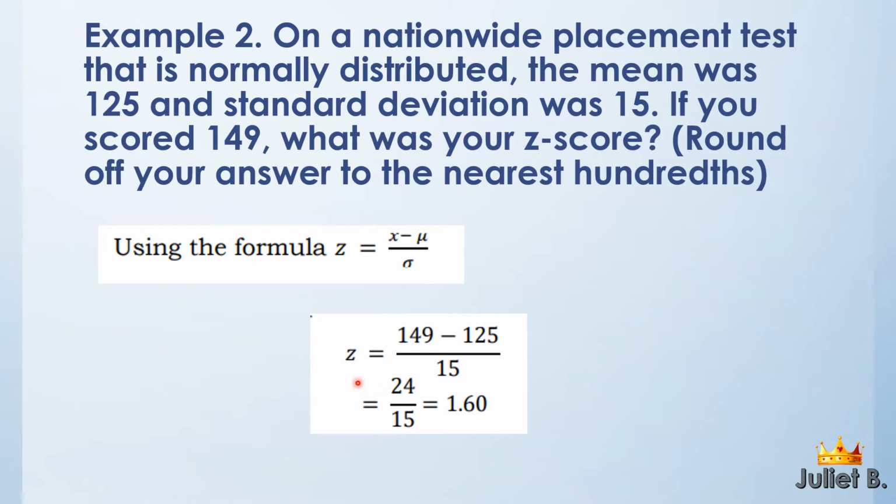From the given, our x is 149, the mean is 125, and the standard deviation is 15. Substituting, we'll have 149 minus 125 divided by 15. 149 minus 125 is 24 divided by 15. The value of z is equal to 1.60.